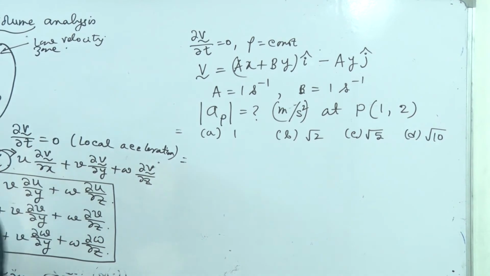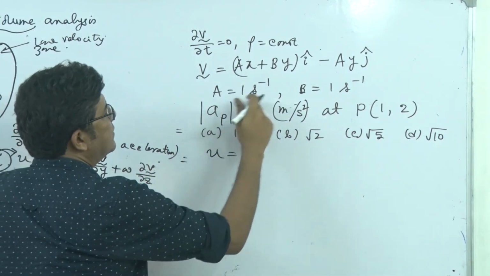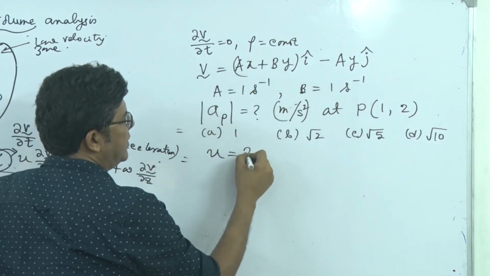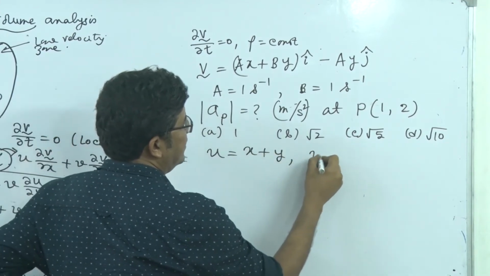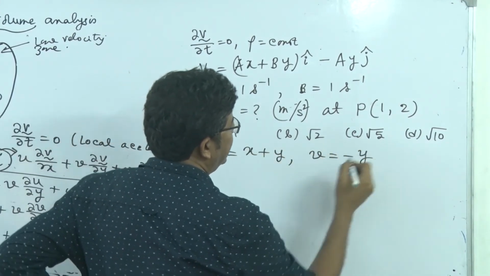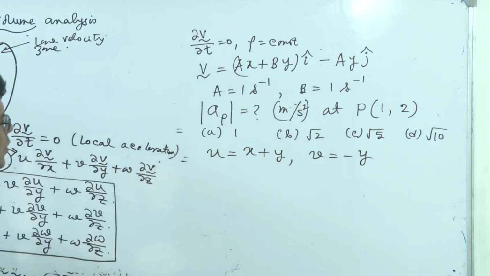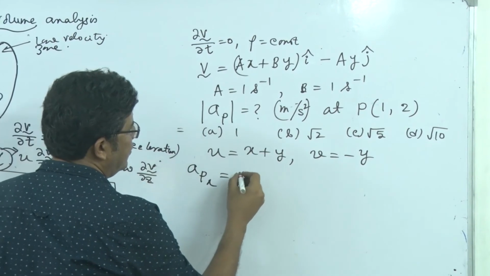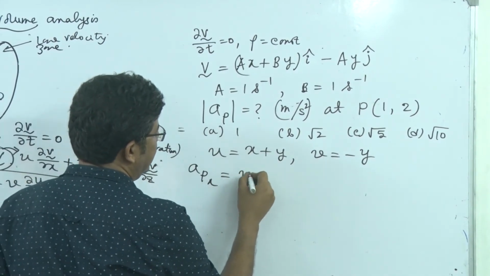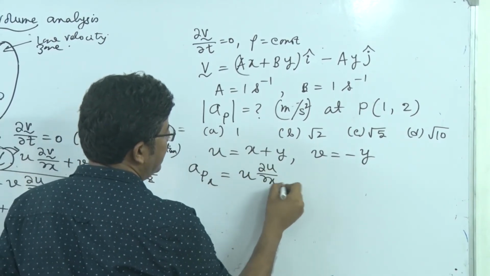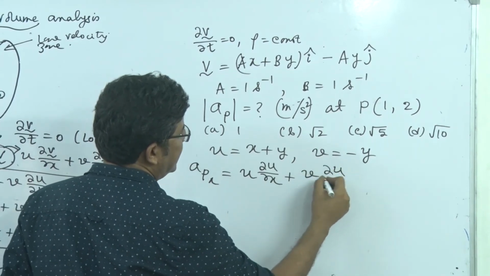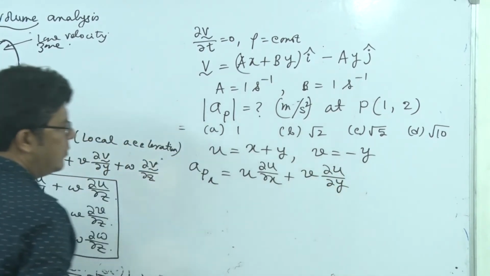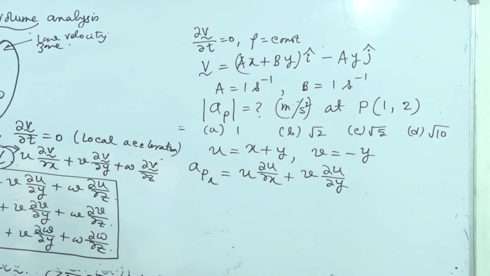Right? So U we can understand upon substitution of A and B is equal to X plus Y. V is equal to minus of Y. Right? So here we will have APX, which is U del U del X plus V del U del Y. Because U is not dependent on Z and neither is it dependent on T because it is a steady state.